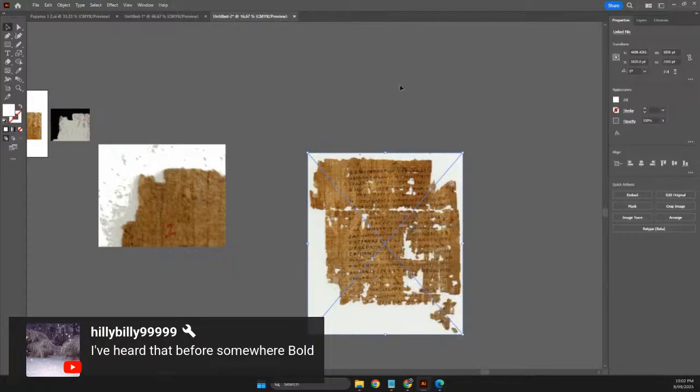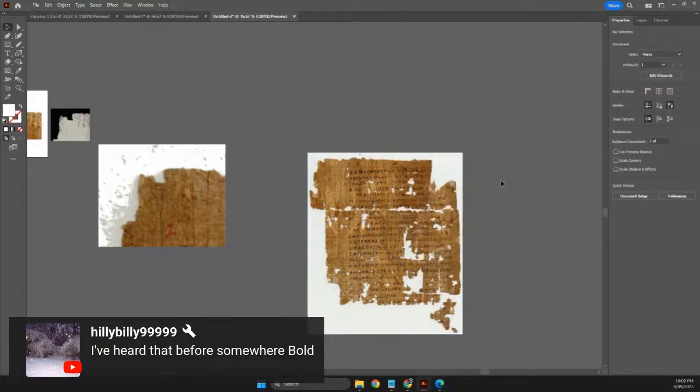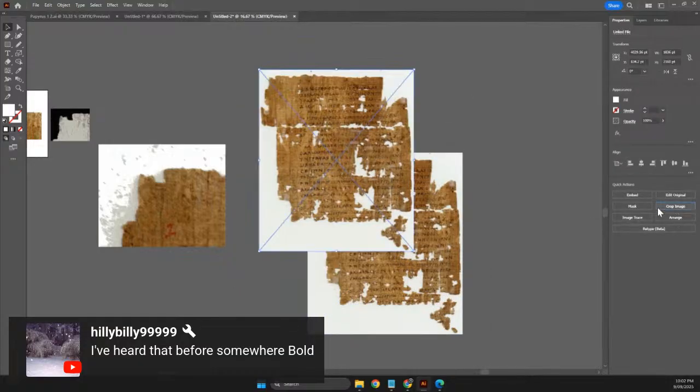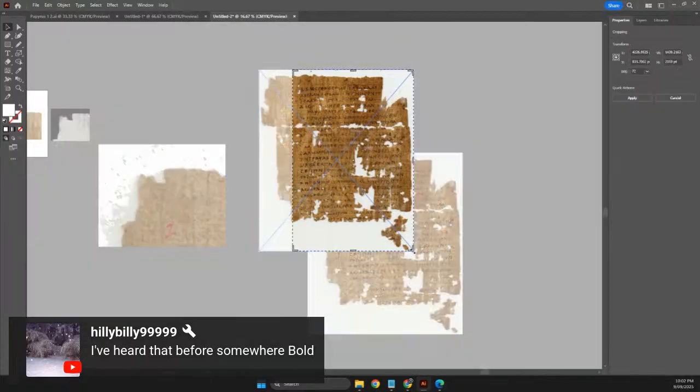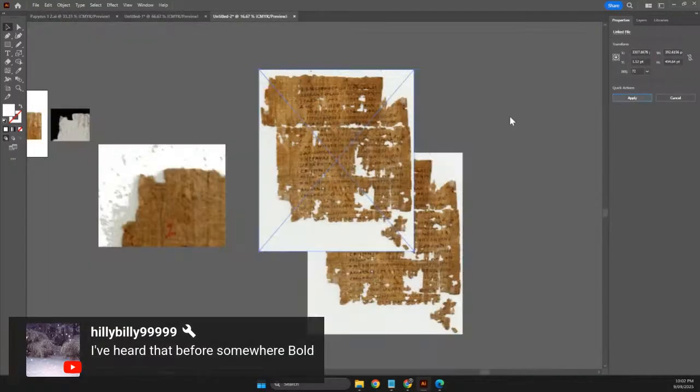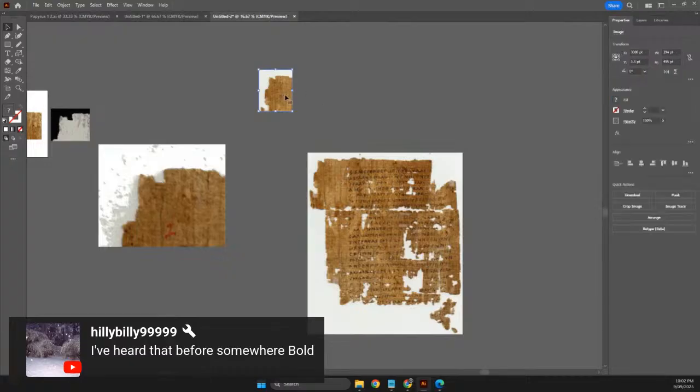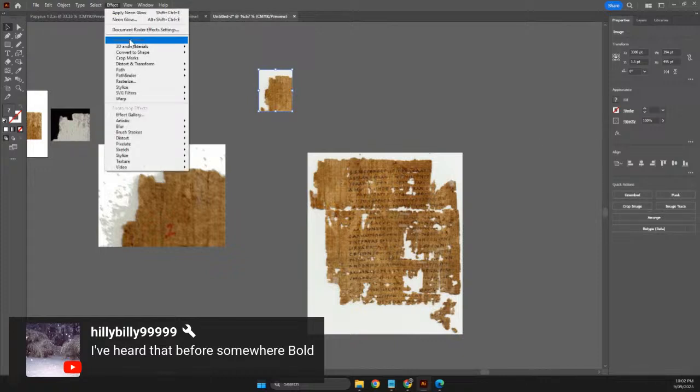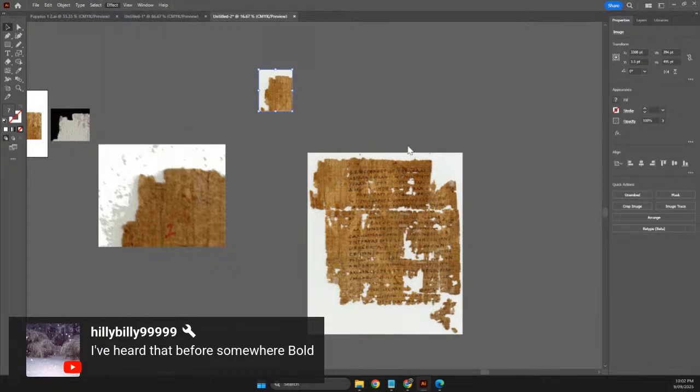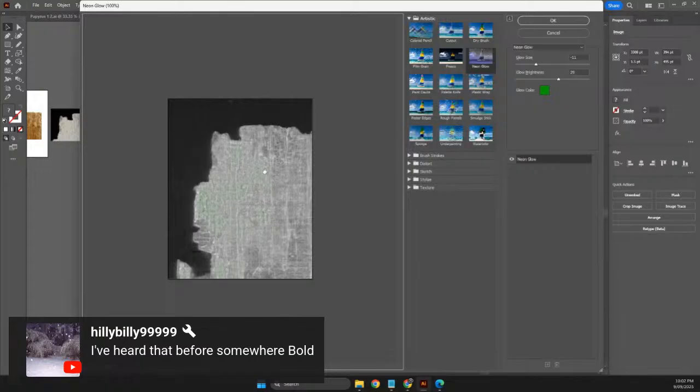I'll copy it, paste it, and crop it again. And let's just work on that one in the high resolution in the effects. Okay, I can see it there.